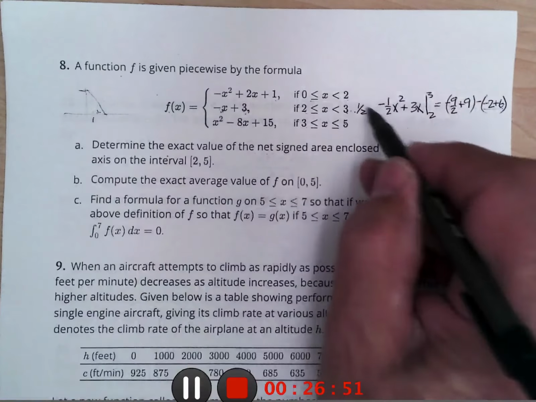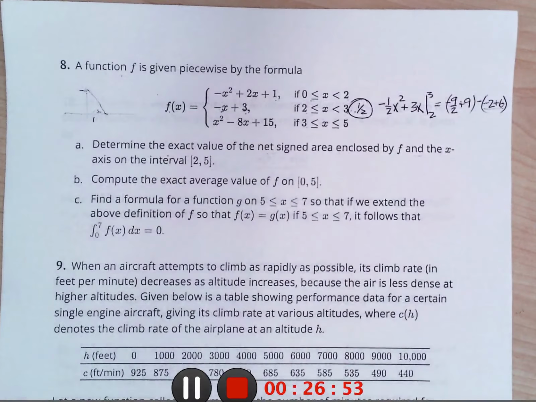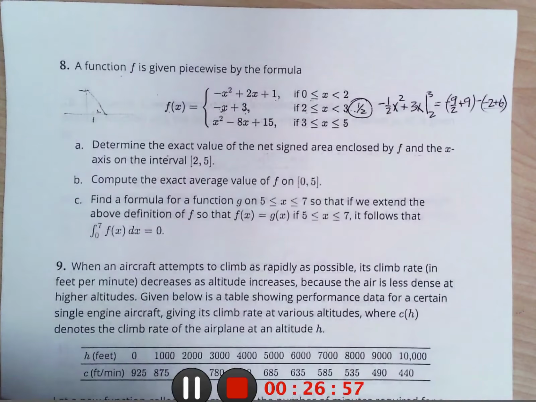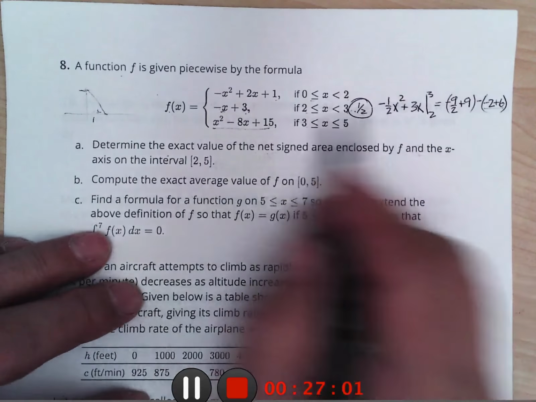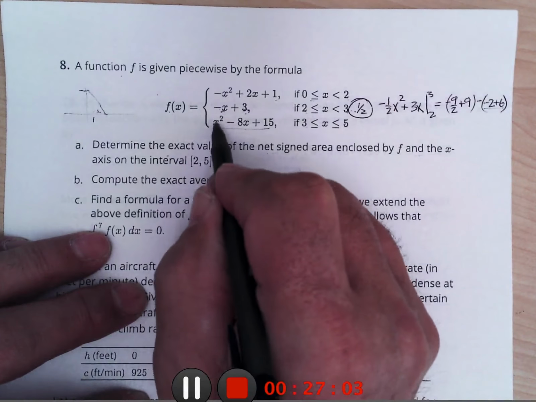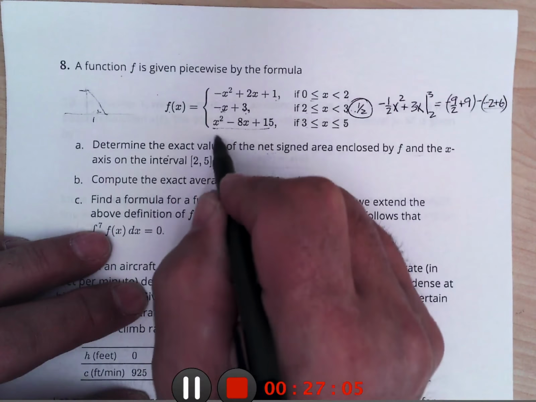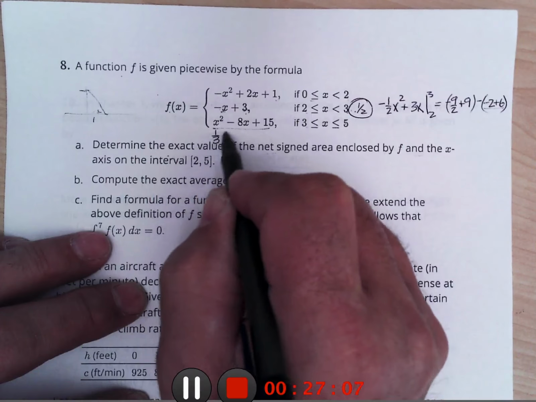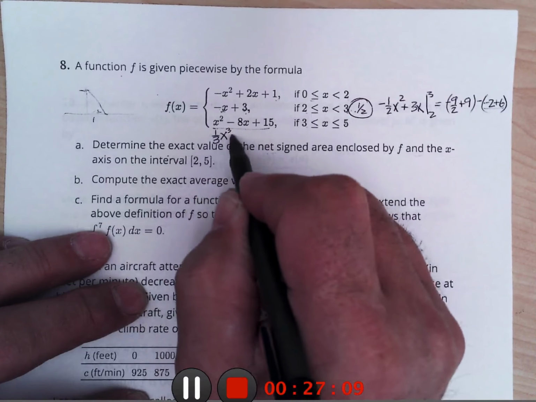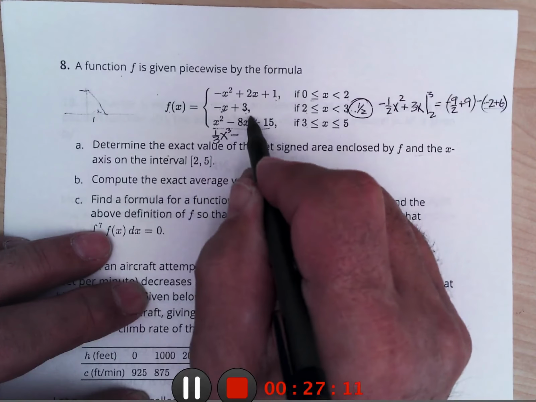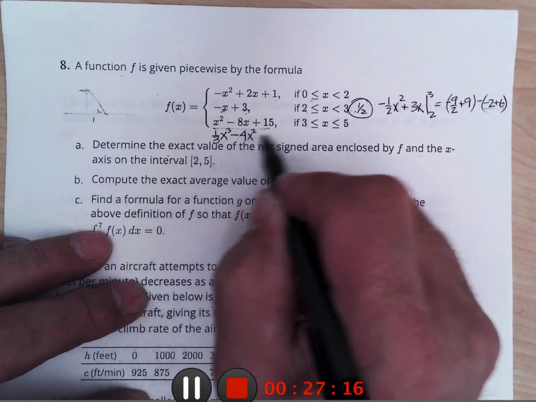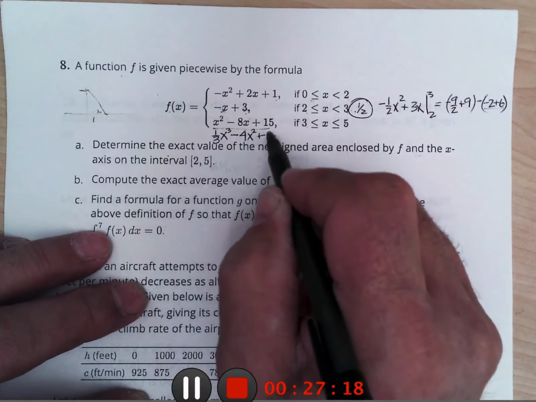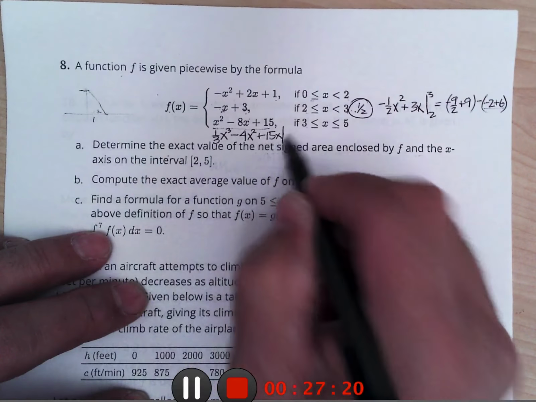What we decided was by just using the trapezoid. Now this is a parabola, so we do need to do the antiderivative. Raising 2 to 3, so this would be 1/3 x to the 3, minus 1 to 2, so we have to divide by 2, so it's minus 4x squared plus 15x, evaluated from 3 to 5.